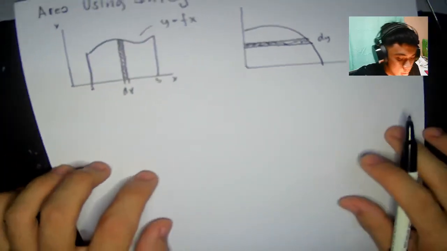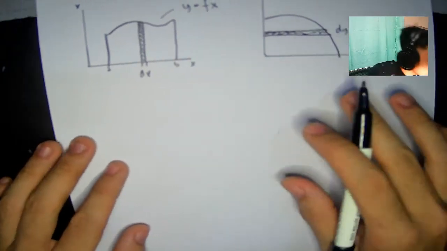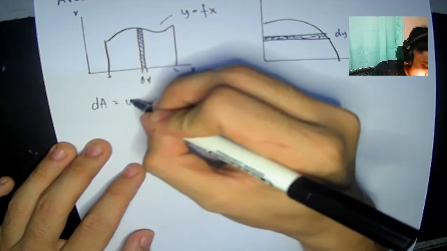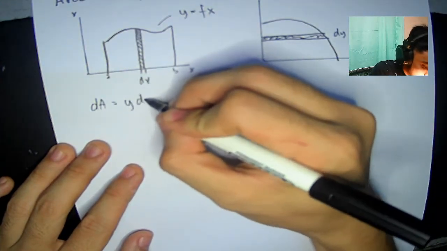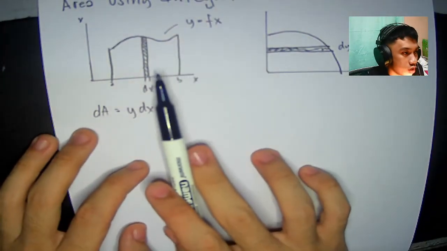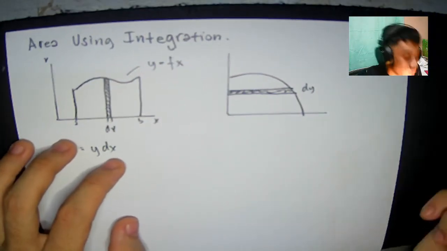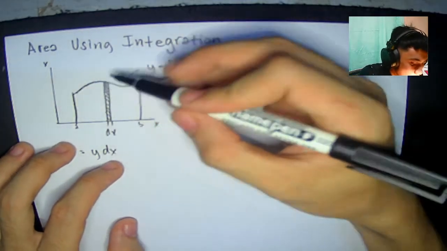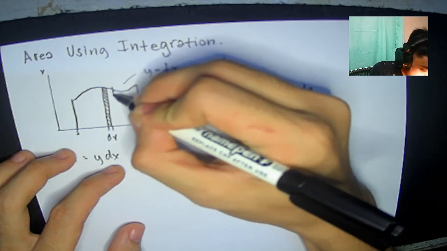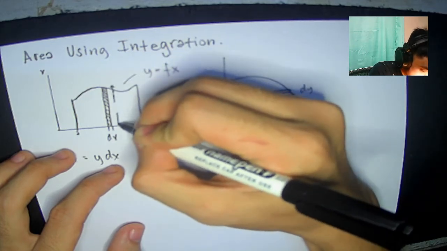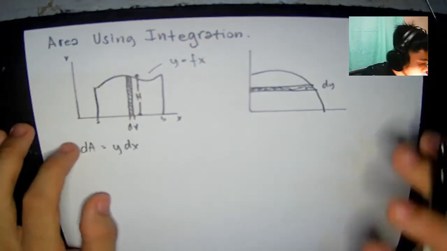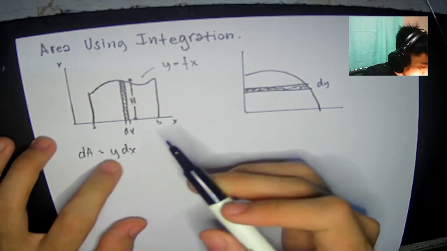Next, our formula: dA equals y dx. Finding area in this type of function, we can see that this is the height with respect to y. So dA is y dx.